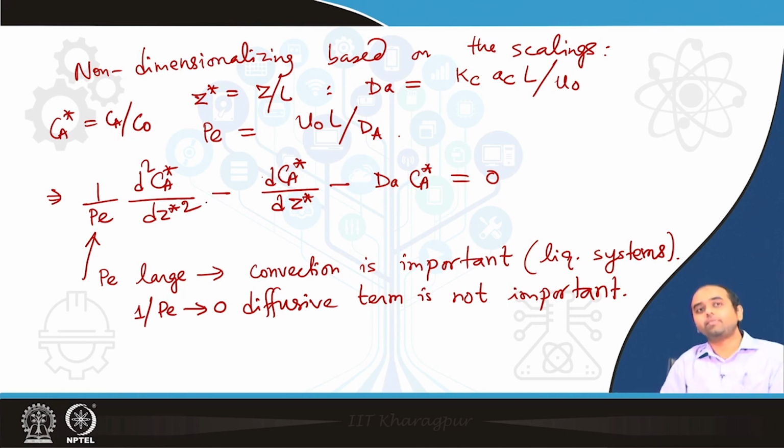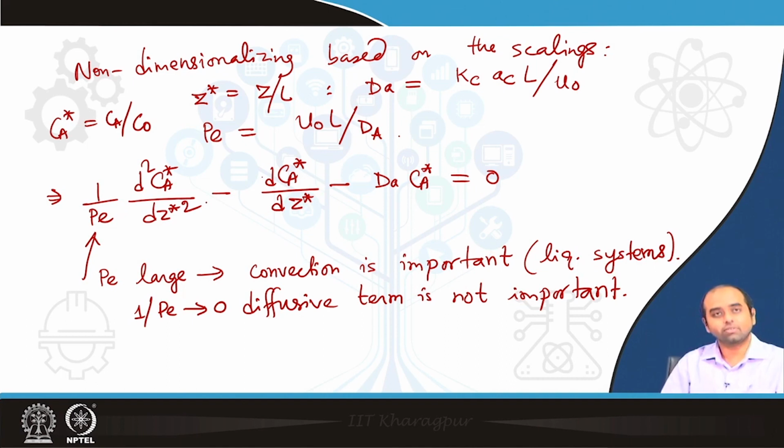In terms of perturbation methods, this 1 by Peclet number can be the epsilon parameter based on which you can do an approximate solution to this problem. Of course, a direct solution is possible, but if the problem is slightly more complex, let us say the reaction is second order, it is complicated to solve, so you can use perturbation methods to get approximate analytical solutions over the expansion of 1 by Peclet number, isn't it?